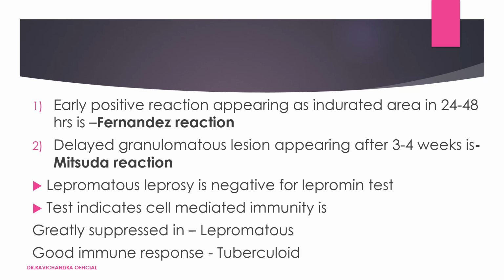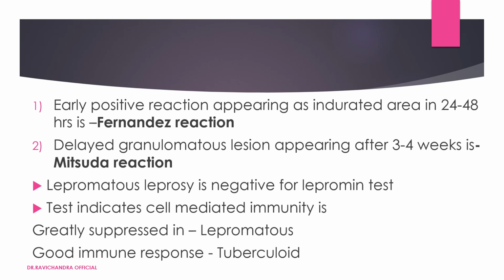The early positive reaction appearing as indurated area in 24 to 48 hours is called as Fernandez reaction, and the delayed granulomatous lesion appearing after 3 to 4 weeks is Mitsuda reaction. Early reaction is Fernandez reaction and delayed reaction is Mitsuda reaction.